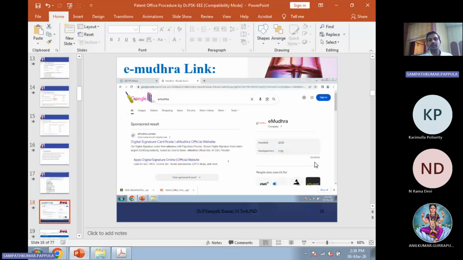Here you require the digital signature certification. Some signatures you have are not officially approved. Many people have signatures, but here you need to take the digital signature. I am not going to discuss e-Mudra this time.